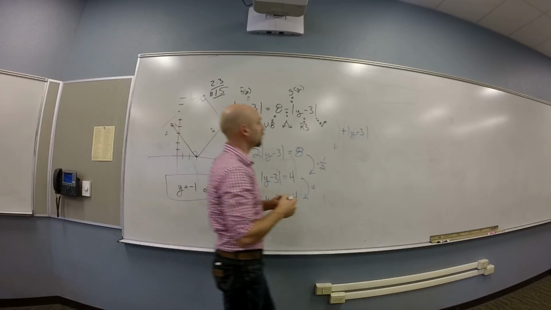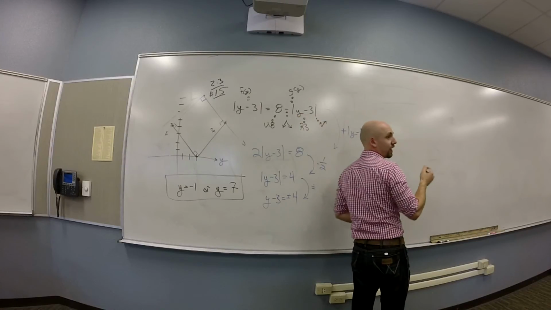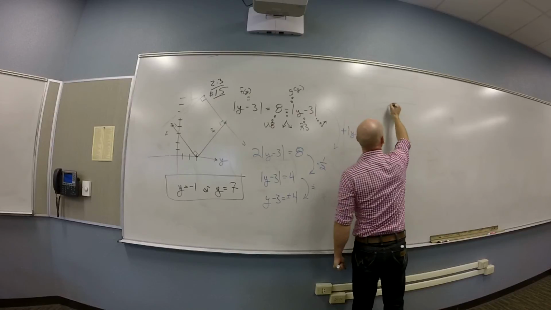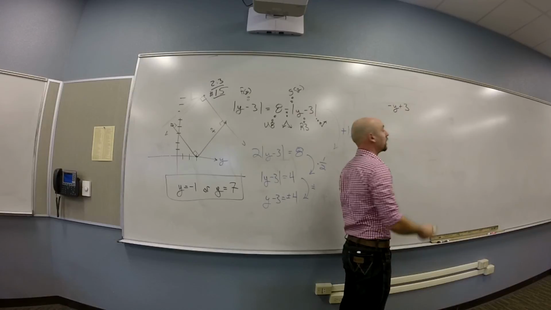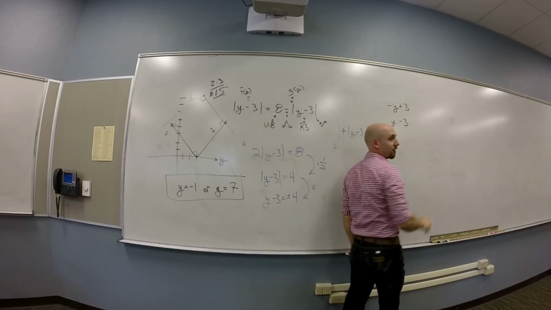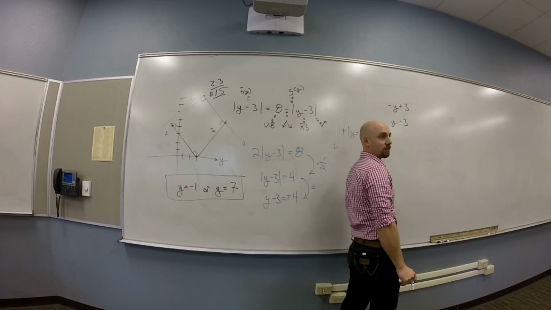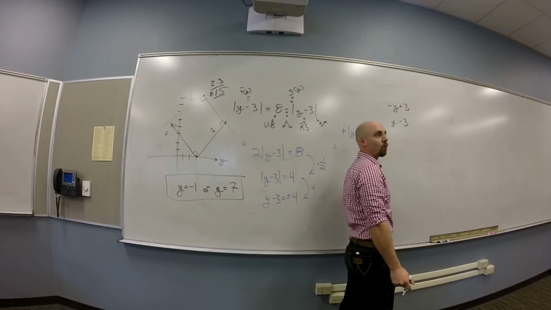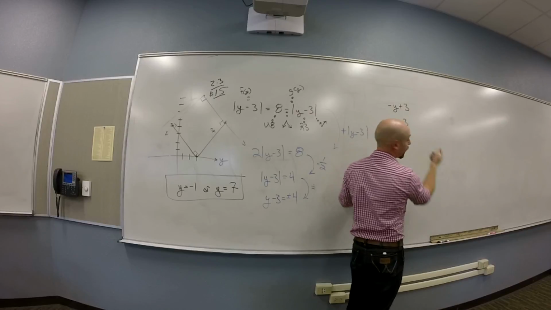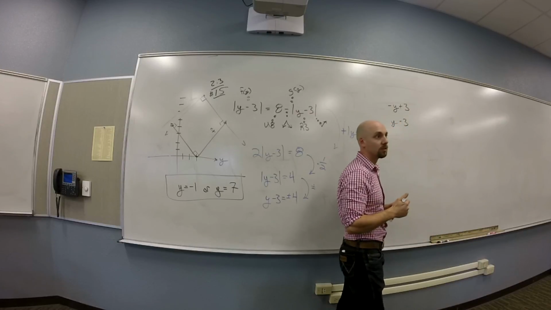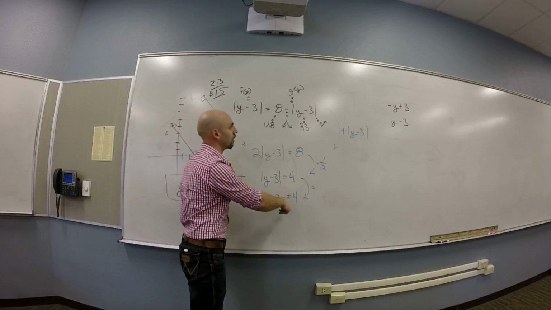What you could do is say the absolute value of y minus 3 is either minus y plus 3, if y minus 3 was negative, or it's just y minus 3. So you could split off those two cases, assume y minus 3 is either positive or negative, and solve from there. You'd get the same answers. Personally I would prefer the other way, but that's okay too.